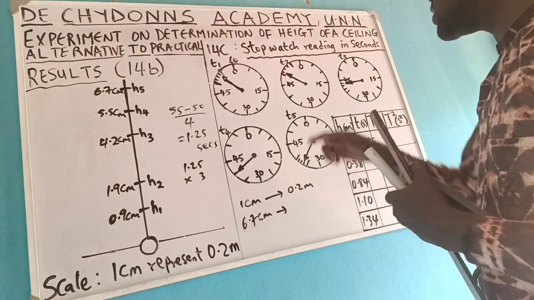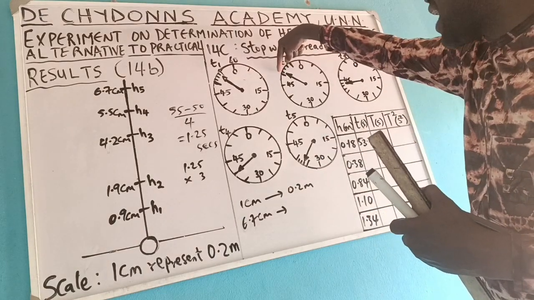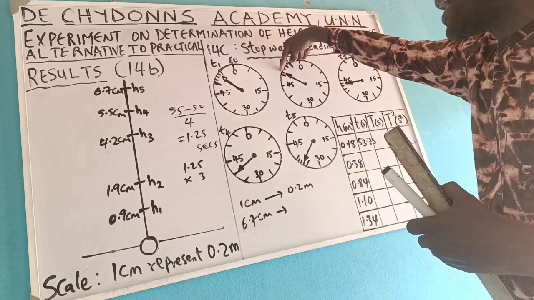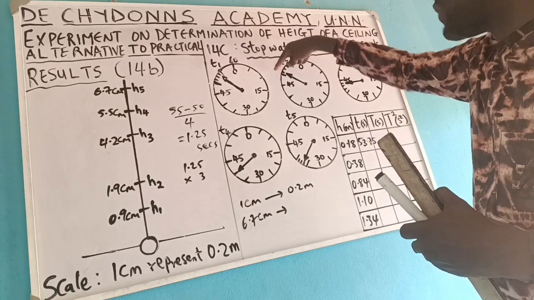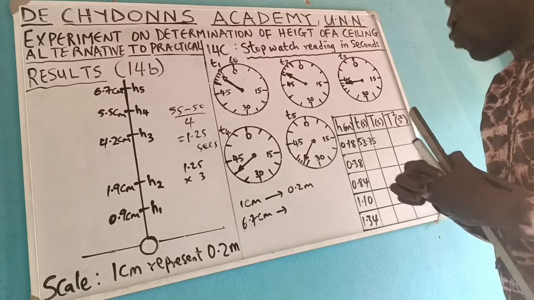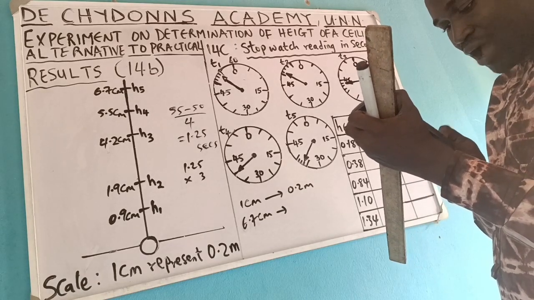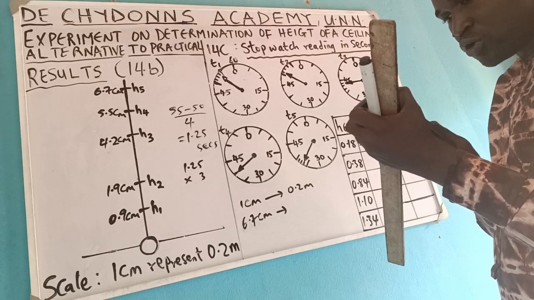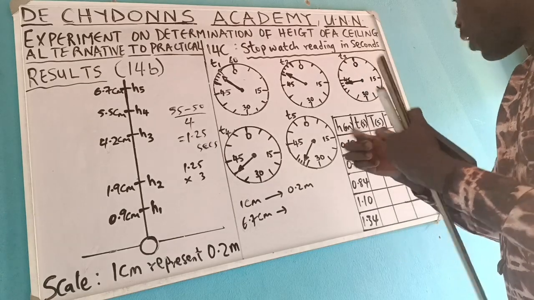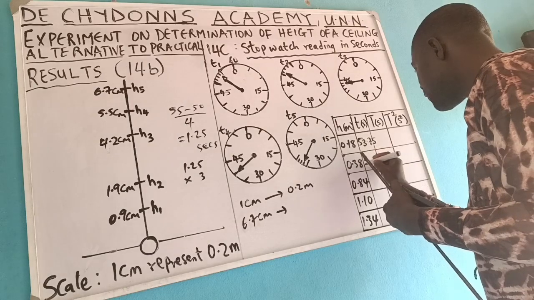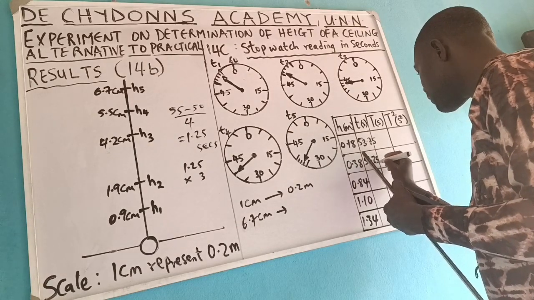For the second T, it points at the first line after 50. That means 1.25 plus 50, which gives you 51.25.